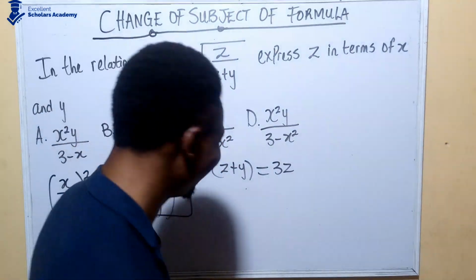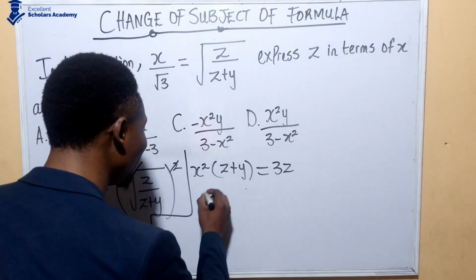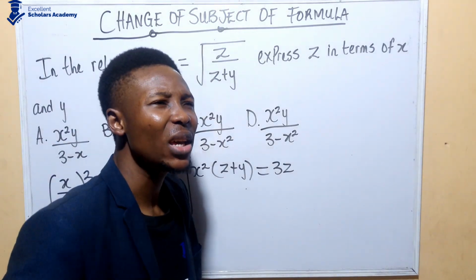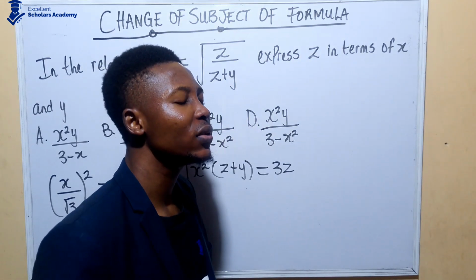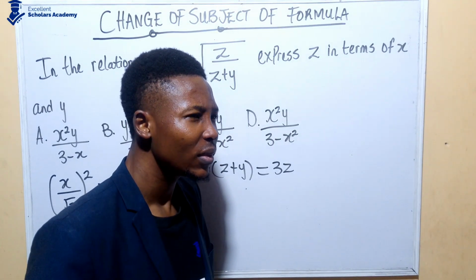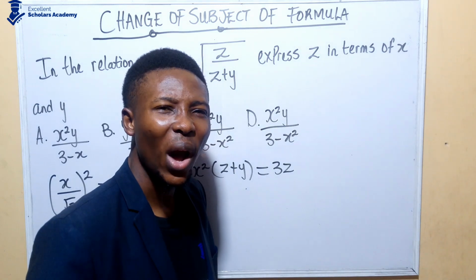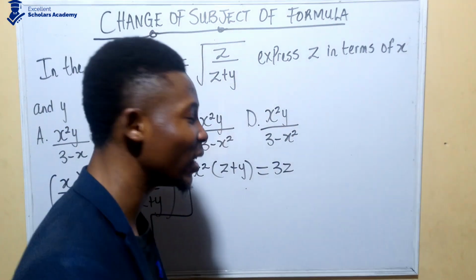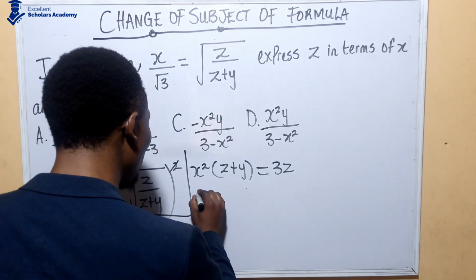So this will be x squared times z, that will be x squared z.